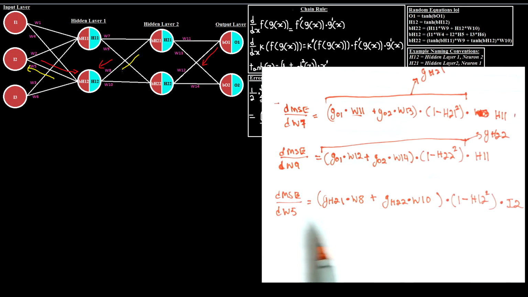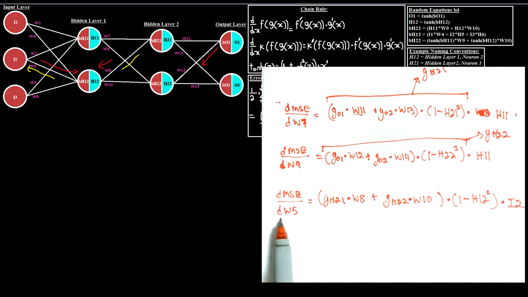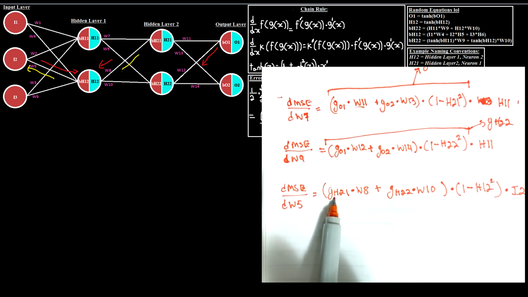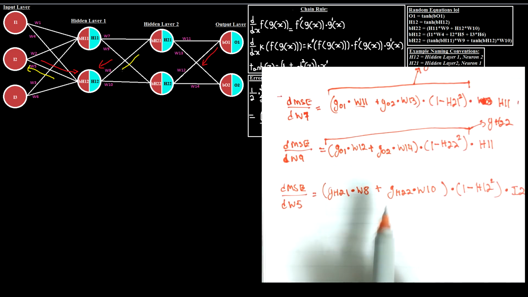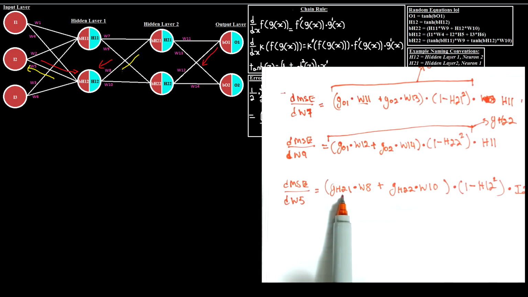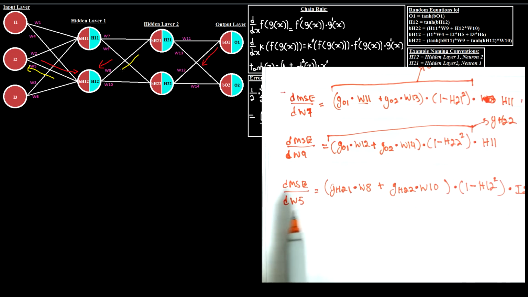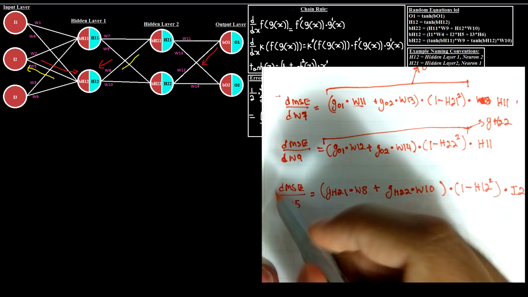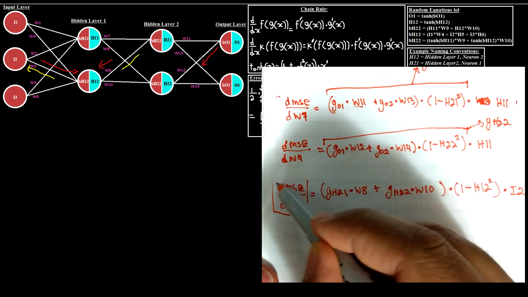There you go. So if we had the gamma of H21 and the gamma of H22 calculated, we could easily calculate the delta for weight 5. And we will have them calculated, because we would obviously compute the delta values for hidden layer 2 before we calculate the delta values for hidden layer 1, because we're trying to streamline the process. We're not trying to do this giant chain rule calculation.